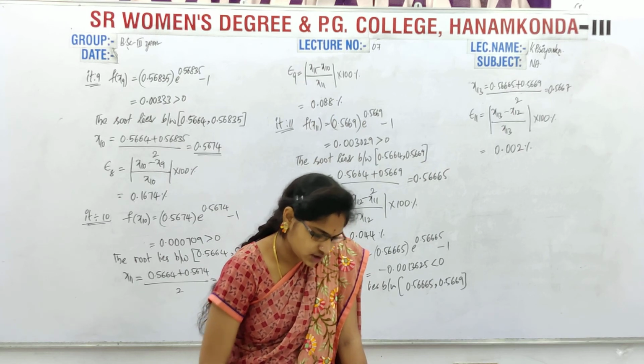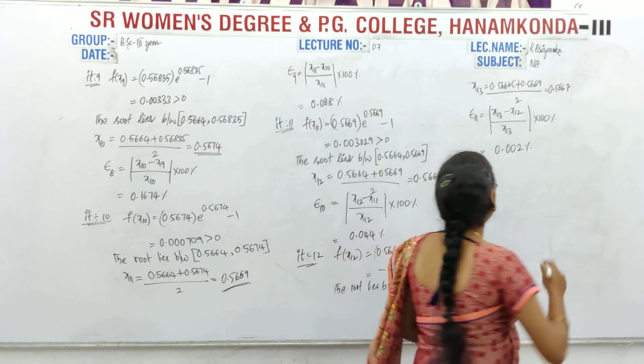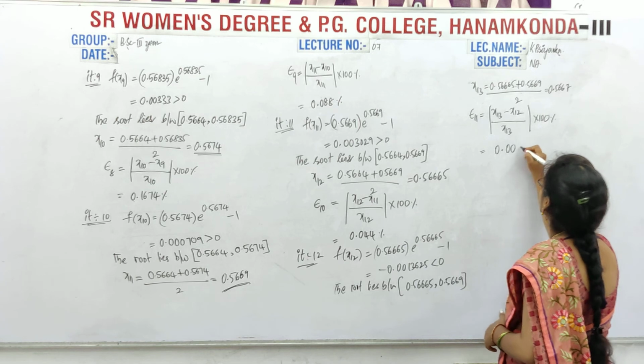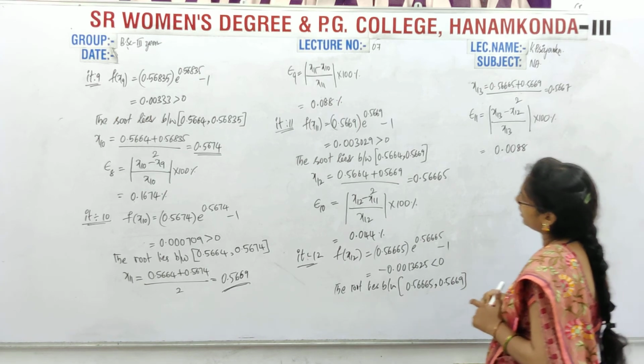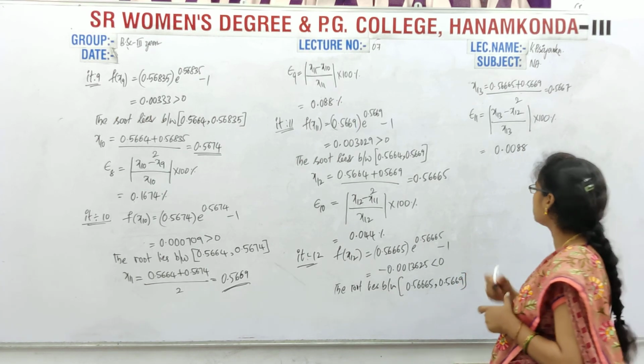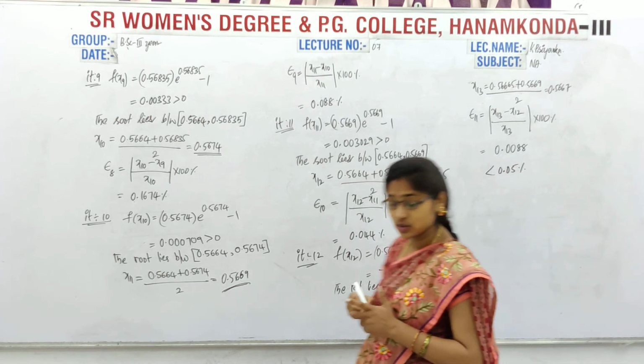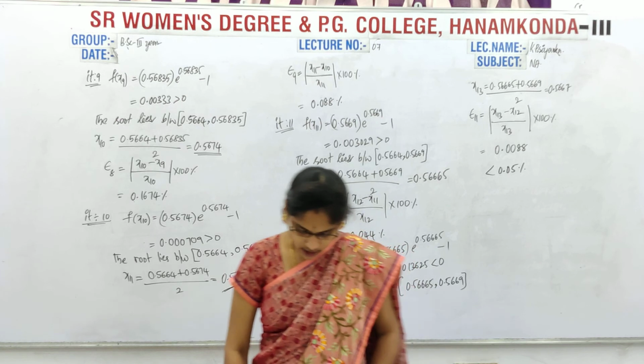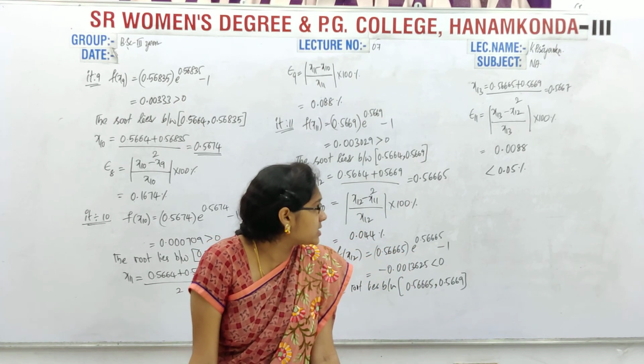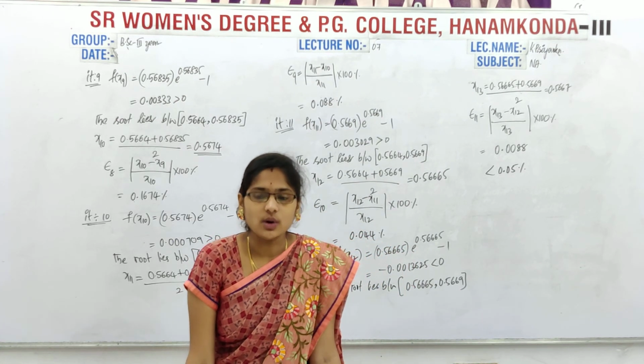We have that it is 0.00888. Okay. So actually what we need is less than 0.05%. It has come with even more zeros. Okay. So now therefore here the tolerance is less than 0.05.